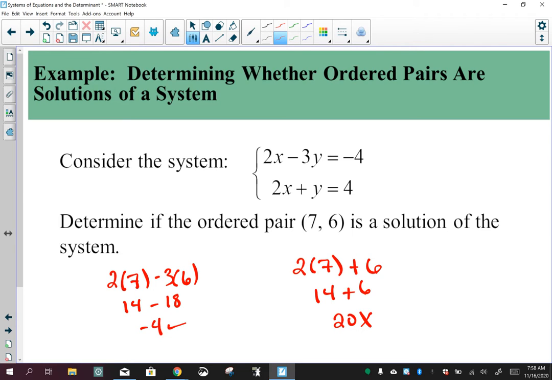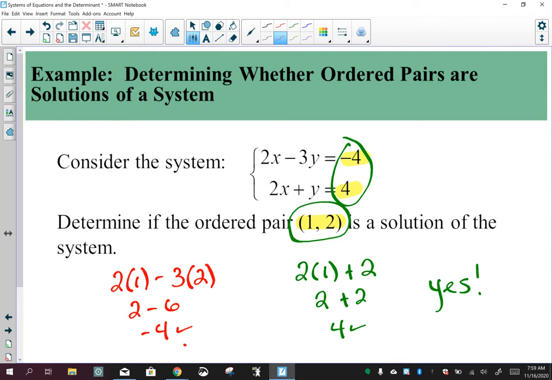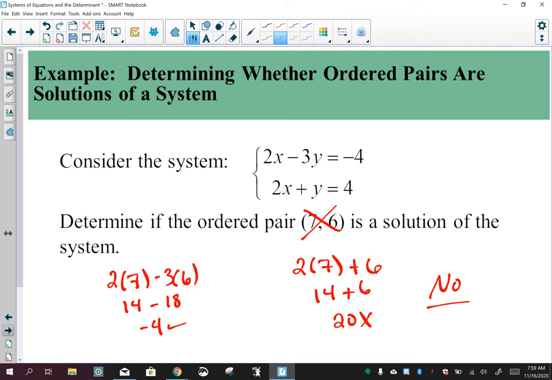That one does not work. So this one is going to wind up being a no, because it doesn't satisfy both equations. (7, 6) is not a solution for this system. It has to satisfy both. So when you're looking for solutions, plug it in and see if you get the number that is set equal to on the other side, because you're basically trying to stay balanced.